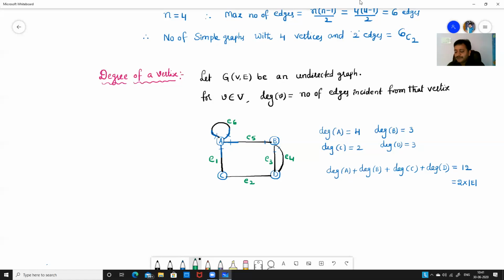It is known as the sum of degrees of vertices theorem. Okay, what is the sum of degrees of vertices theorem? Let me write that point. Sum of degrees of vertices theorem is also known as the handshake lemma.